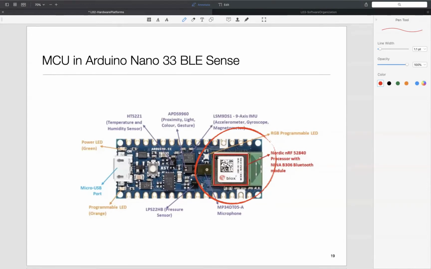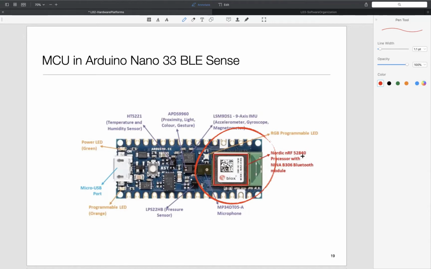But importantly for us, and the reason I picked this one, is because of the processor it uses. This module that you see, which says u-blox, is a module which uses a processor. Internally, it uses a processor from a company called Nordic RF, which makes some pretty cool embedded processors around ARM.